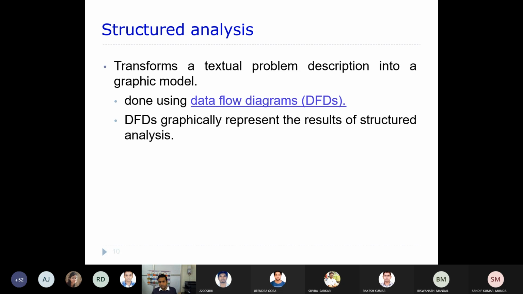Now this will be converted into a graphical model, which we call the data flow diagram. These DFDs come out of structured analysis. This is one of the deliverables from this structured analysis phase or activity.